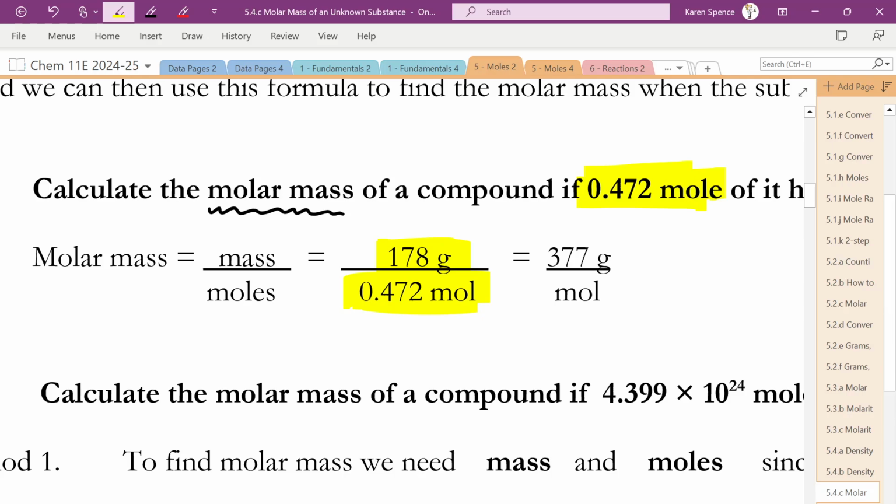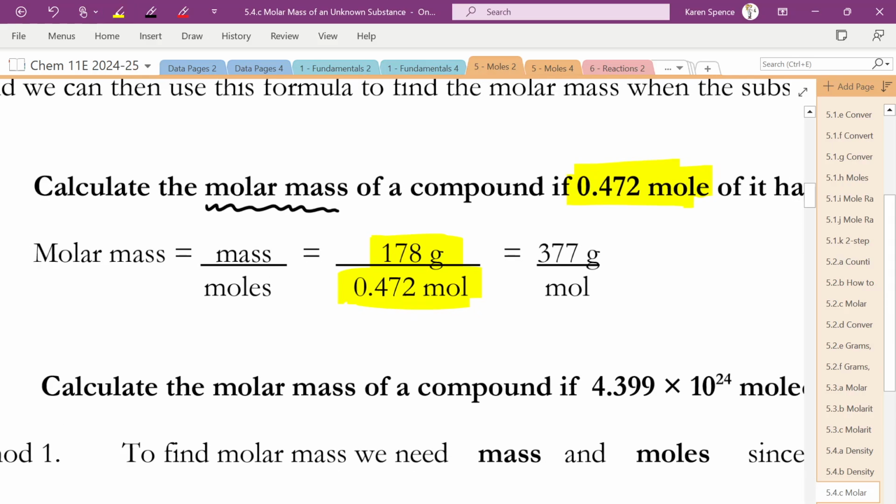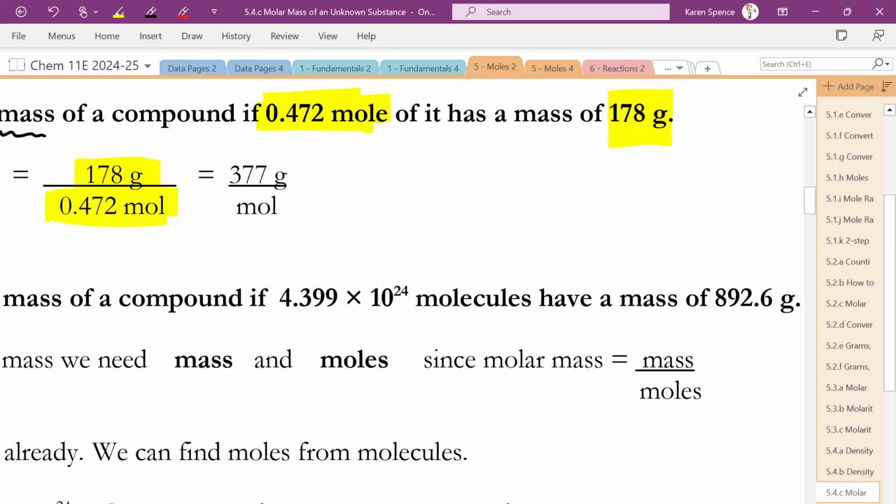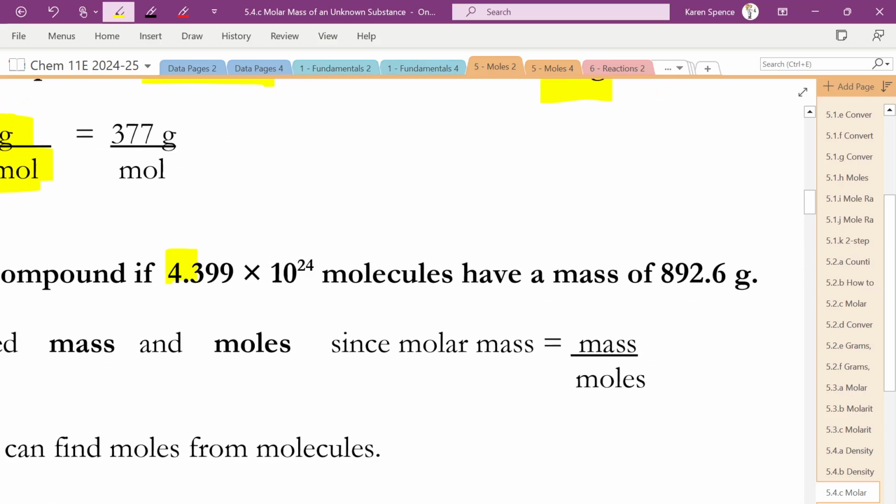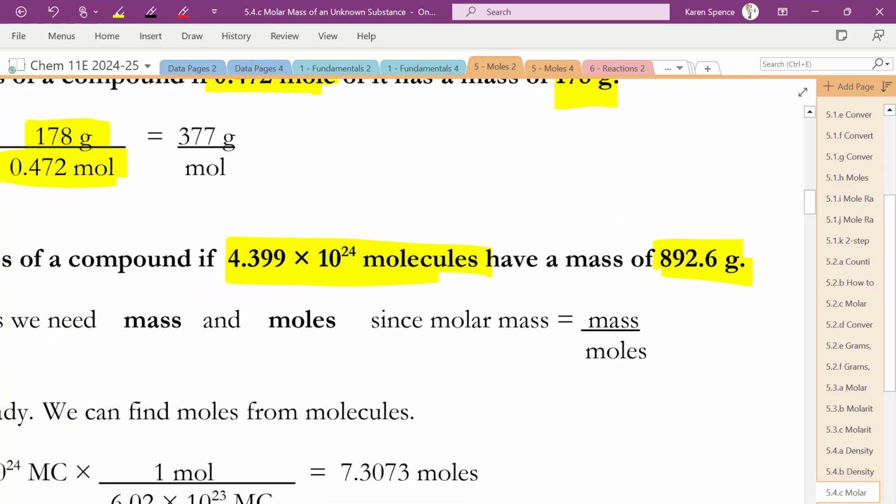Okay? We can make it a little bit more complicated and we can say, instead of giving you moles, what if we gave you molecules and grams? Would you be able to find the molar mass? Yes. Now there's two ways to show it. Either way is fine.